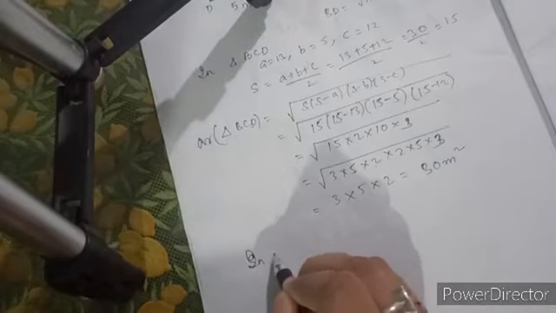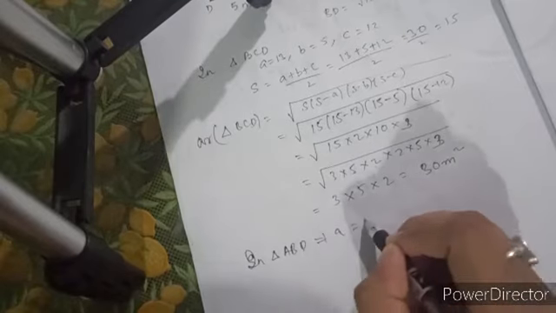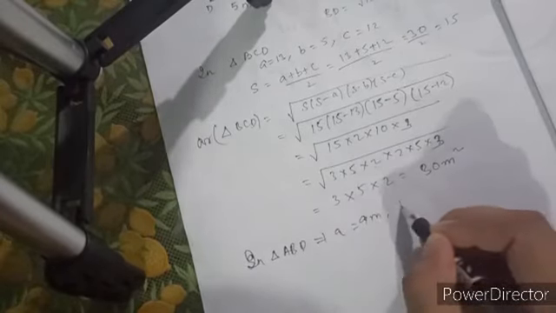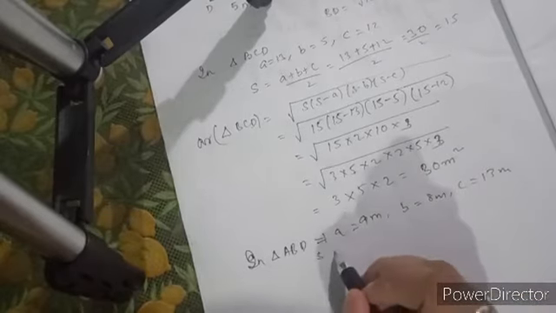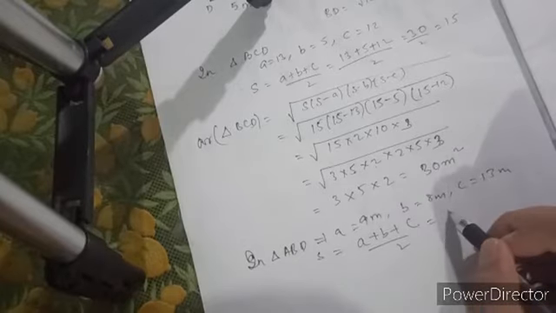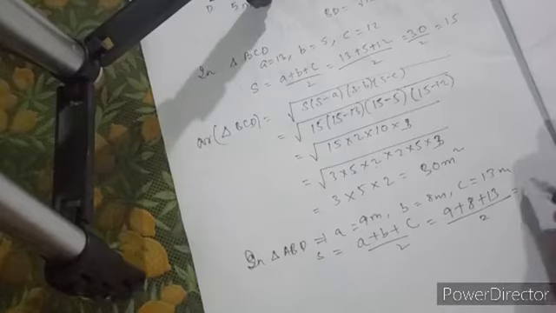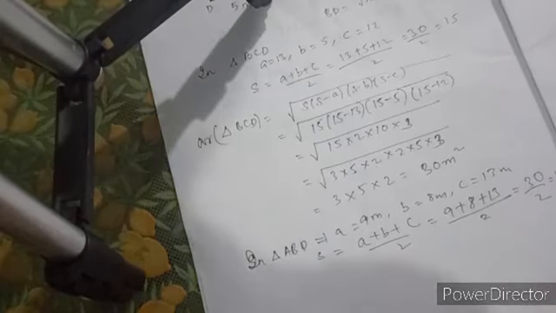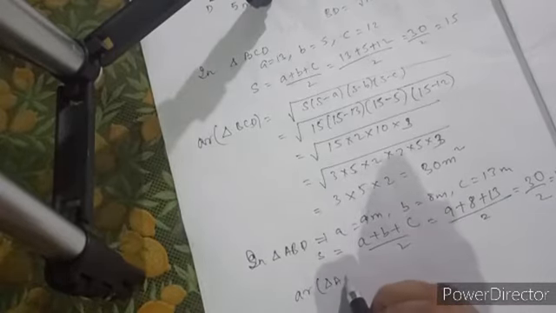So for triangle ABD, a is 9 meters, b is 8 meters and c is 13 meters. So again let us find the semi-perimeter. (a plus b plus c) by 2, that is (9 plus 8 plus 13) by 2. Here also the semi-perimeter is coming to be 15. So let us find the area of the triangle using Heron's formula.